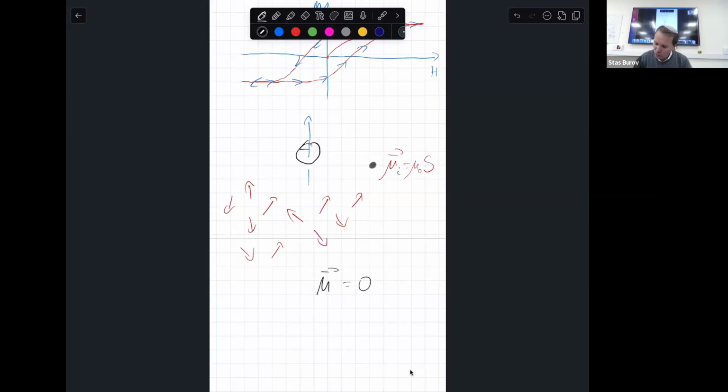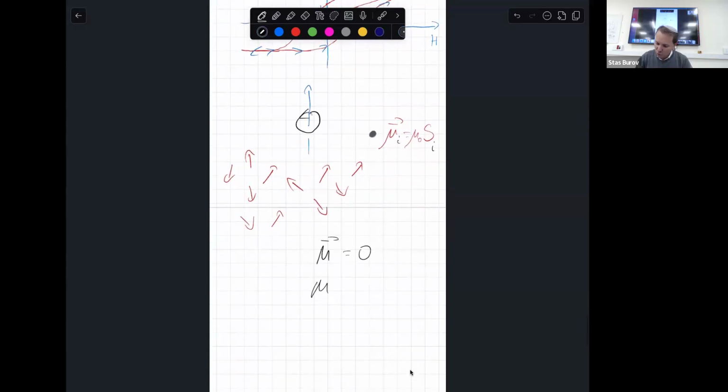So the magnetic moment is a summation, M equals the sum over i from 1 to N of mu_i, if I have a large number N of mu_i. And because everybody is oriented in completely random directions, you have no magnetic moment. Now, this is why the majority of the materials around us are not magnetic in a way.